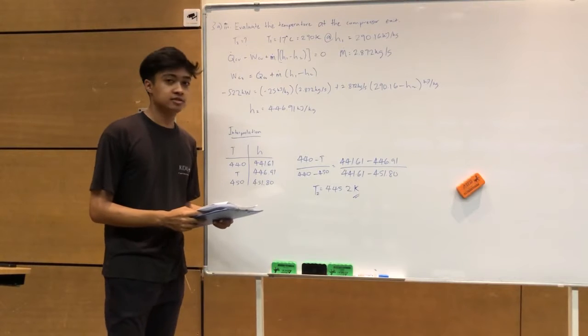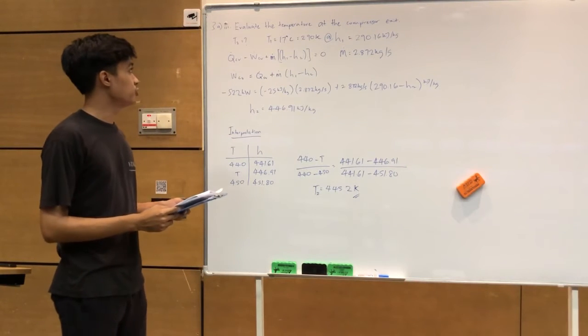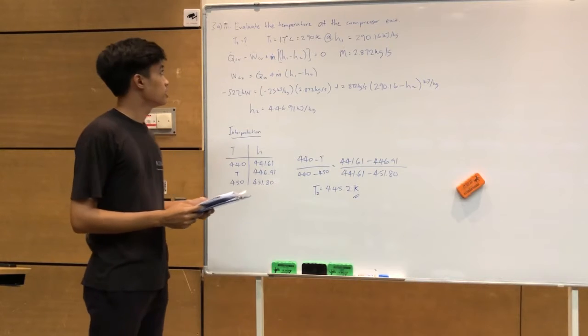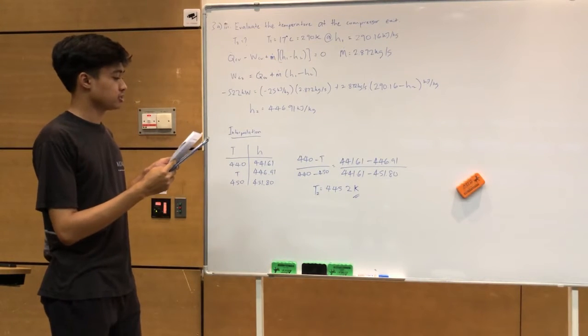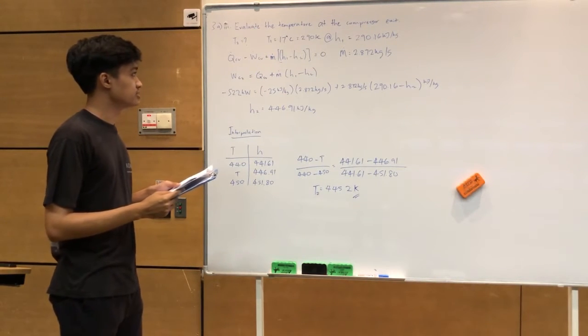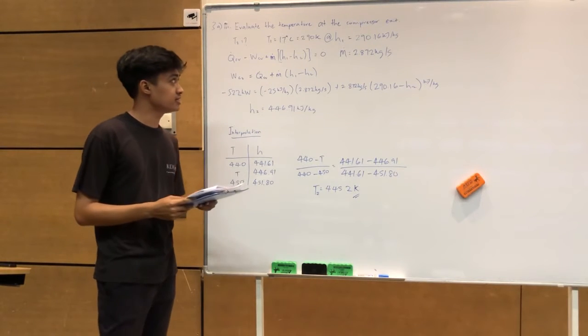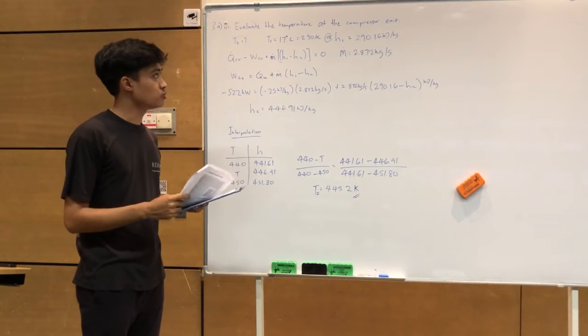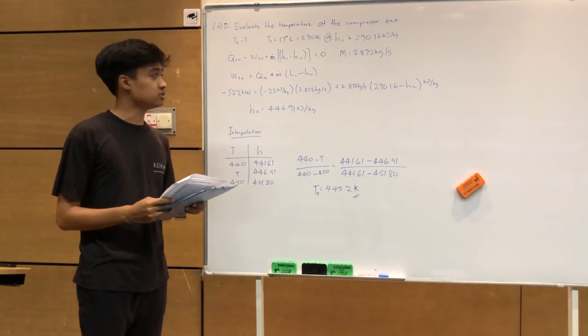Alright, for question 3A3, evaluate the temperature at the compressor exit, which is T2. We have T1, that is 70 degrees Celsius, which converted to Kelvin is 290 Kelvin, and the enthalpy value which we get from the table is 290.16 kJ per kg.